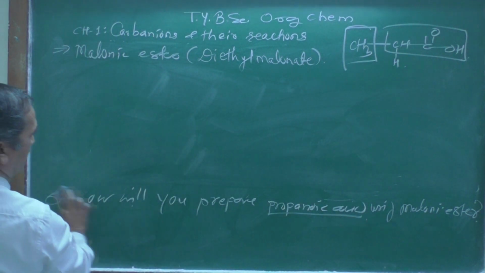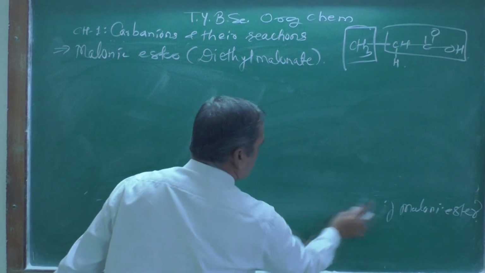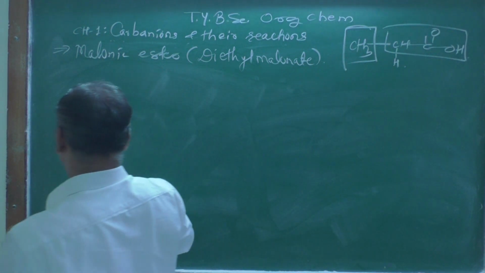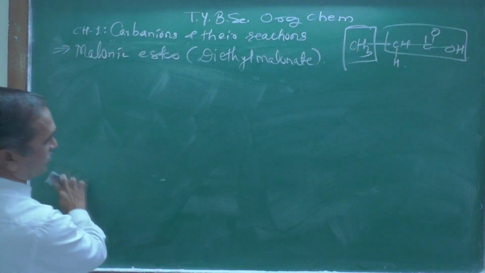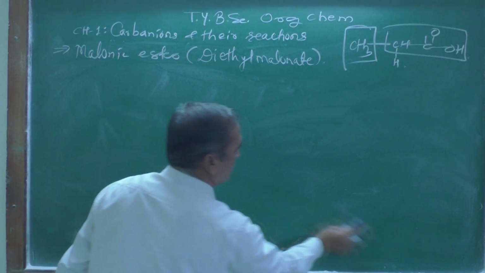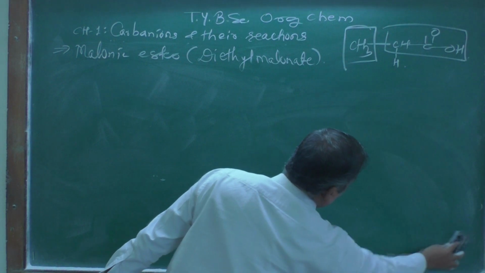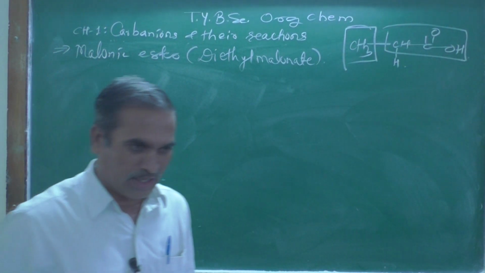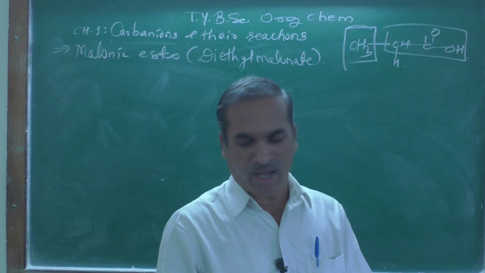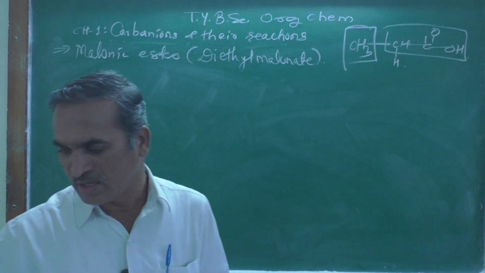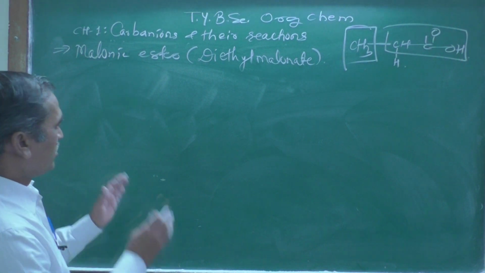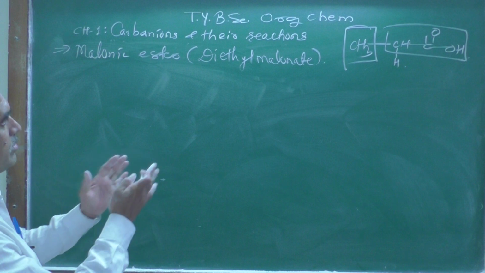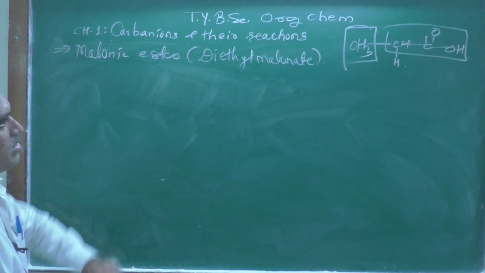How do I synthesize this propanoic acid? Students who understand the basic concept of malonic ester can easily prepare this type of compound. If you pay attention from the beginning, then organic chemistry is very, very easy.